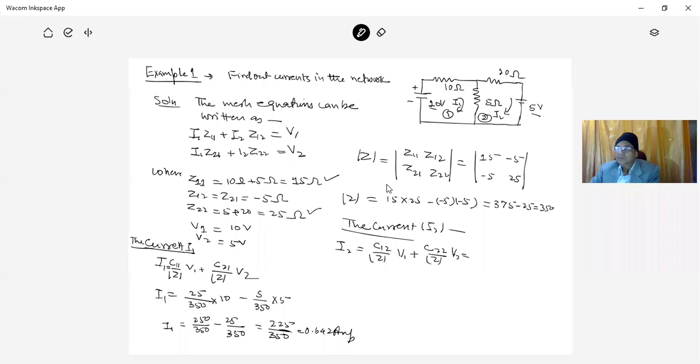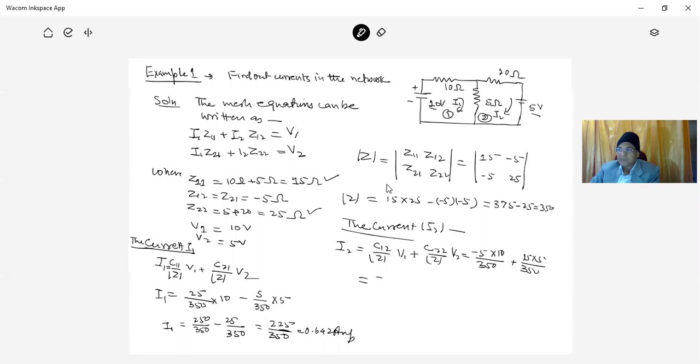So C12 is minus 5 into 10 upon 350 plus C22 is 15 into 5 by 350.